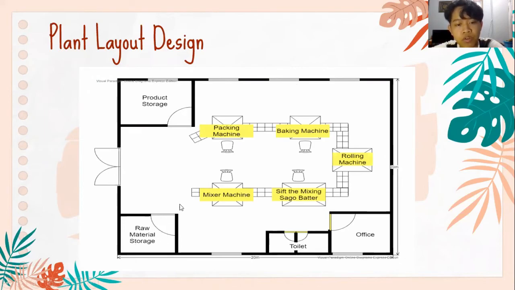Then people go to the mixer machine for the first process, and next sieve the mixed sago batter, and then the rolling machine, and then the baking machine, and the last process is the packing machine. After the product is packed, the product goes to product storage.